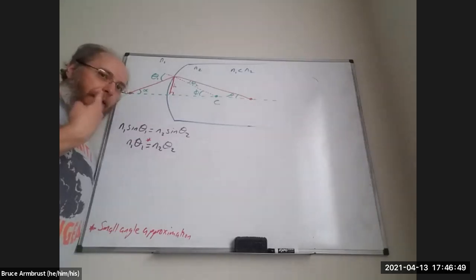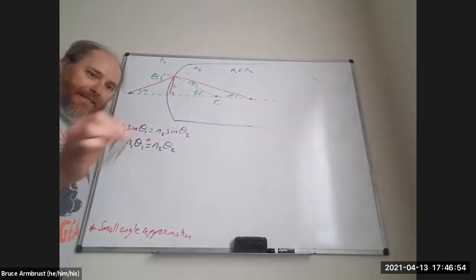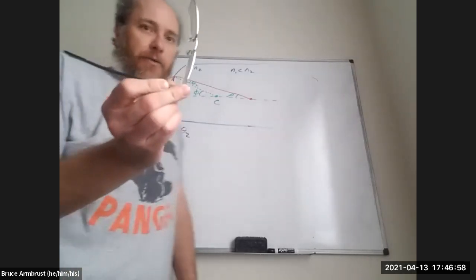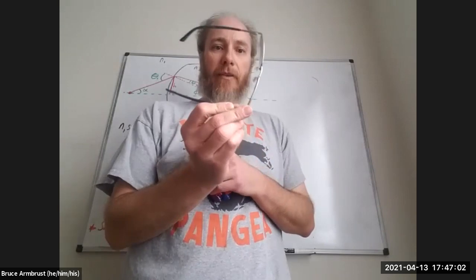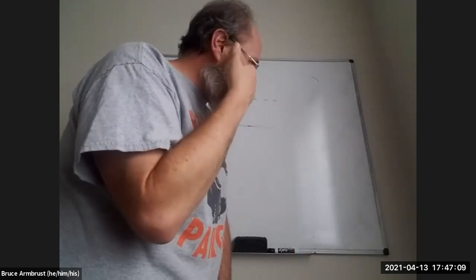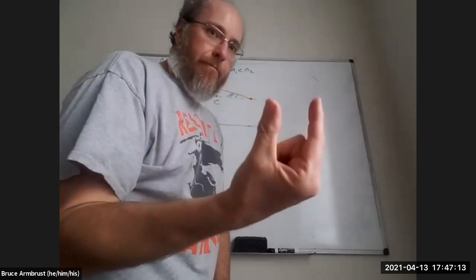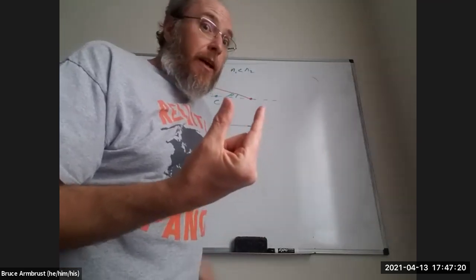But think about it. Let's talk about my glasses, because it's a nice example of something we can think about. Think about the angles that come from my eye to the glasses. How far is it from the lens to the back of my eye? Well, it's about that far. And then what is the separation of the rays?